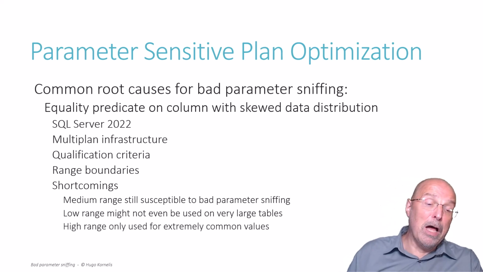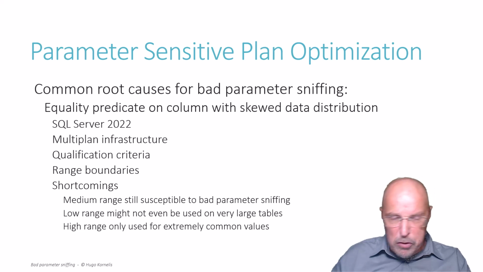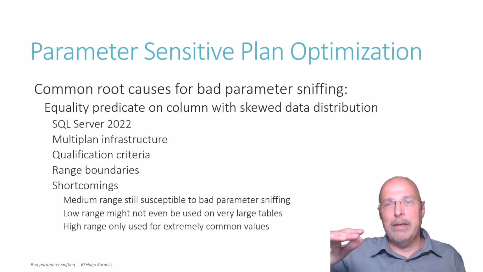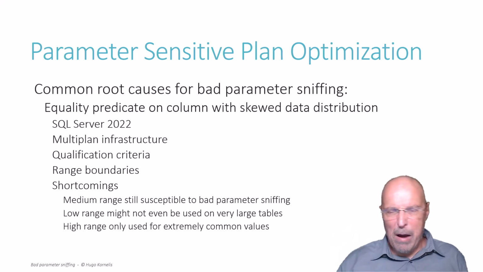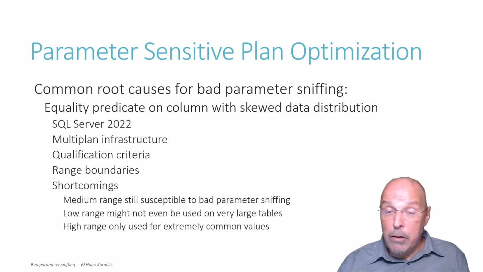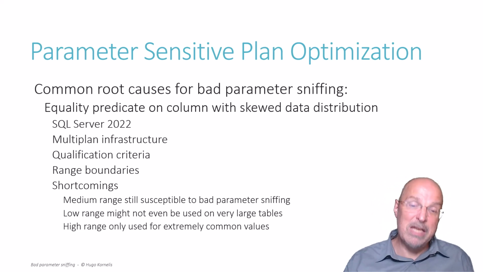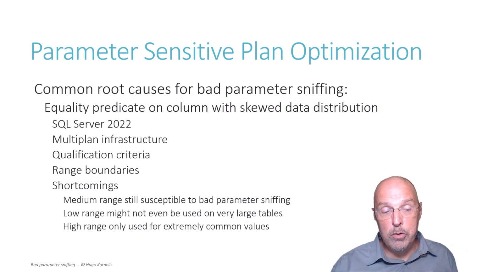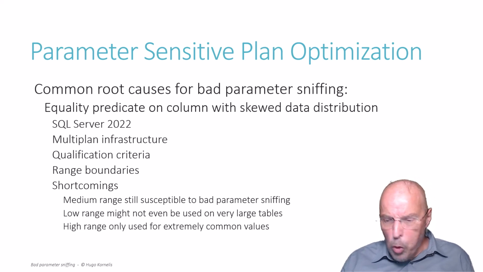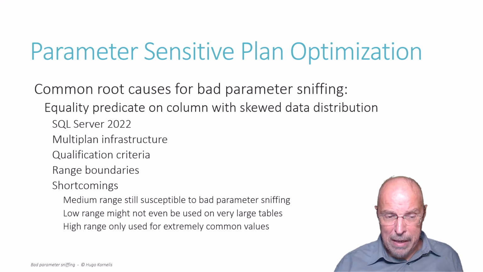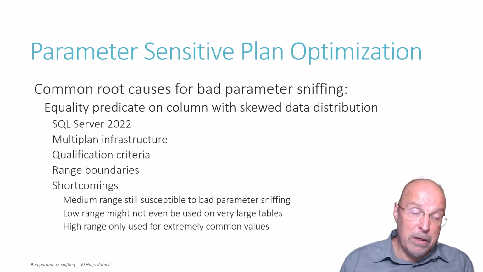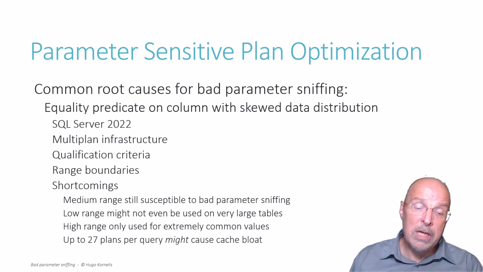And the last one, the high range, is computed of the very highest value in the histogram. And okay, we do round down to the nearest power of 10. But it's very likely in many of your tables that only that single highest value will ever use the high frequency plan. And all other values might use the medium plan. So those are, in my opinion, serious shortcomings.